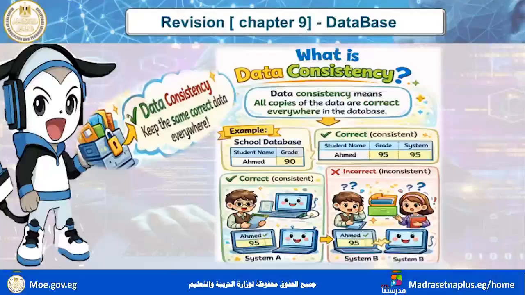In inconsistent data, data differs from one place to another. But consistent data means that data are correct in all copies of data everywhere in the database. So data consistency keeps the same correct data everywhere.